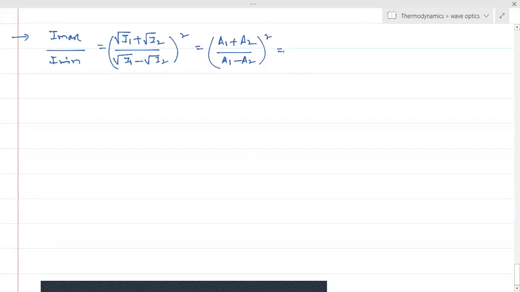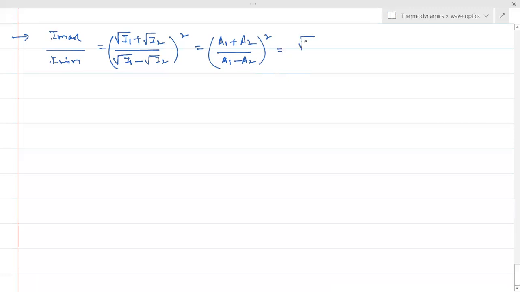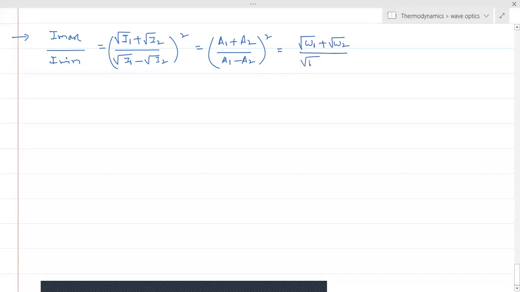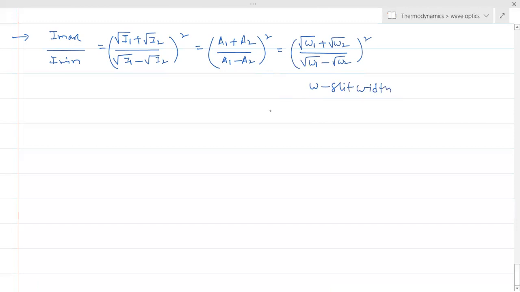Or else we have another form, root of W1 plus root of W2 by root of W1 minus root of W2, whole square. Here W is nothing but slit width.